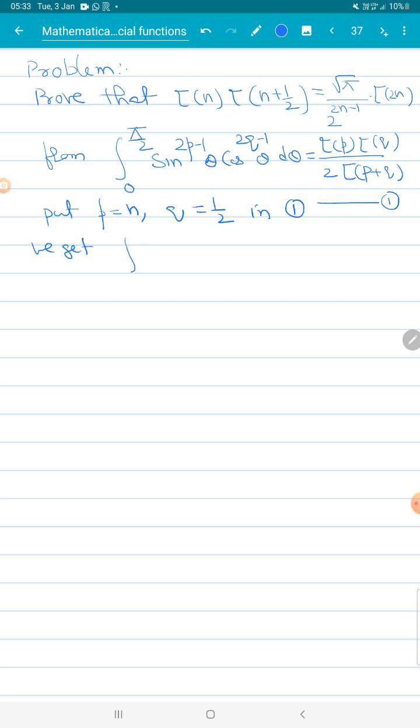We get integration 0 to pi by 2 of sine 2n minus 1 theta into cos to the power of 0 theta d theta, since 2 into 1 by 2 is 1, is equal to gamma of n into gamma of 1 by 2 by 2 into gamma of n plus half.